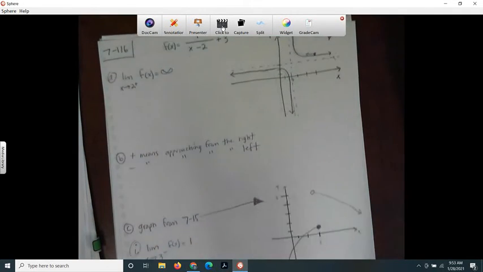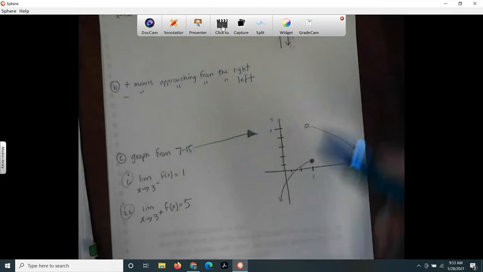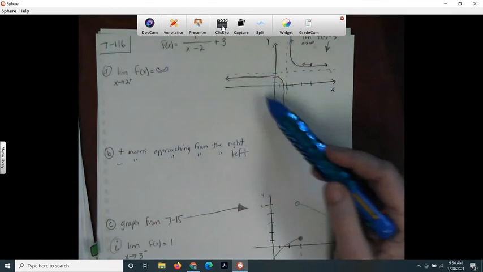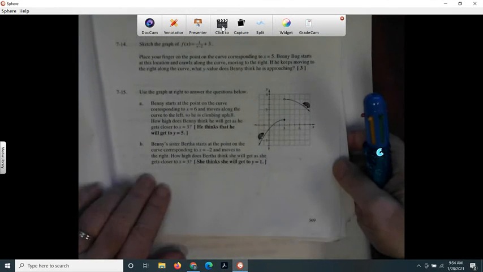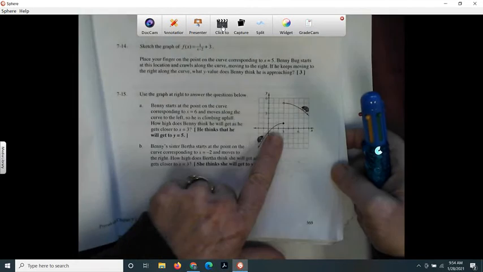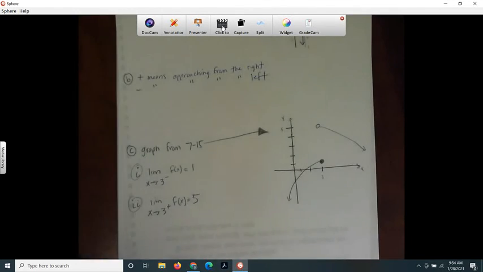Now, letter C says, now use the graph from problem 7-15 to evaluate each of the following limits. So at first I got confused because I thought I was supposed to use this graph, but then I went back and saw that there's a graph on 7-15 with the bugs. And so I just redrew the graph here.